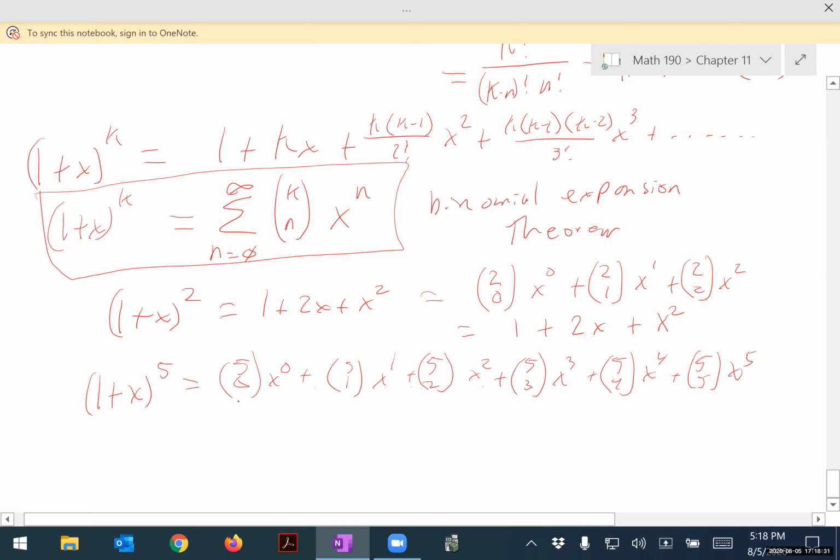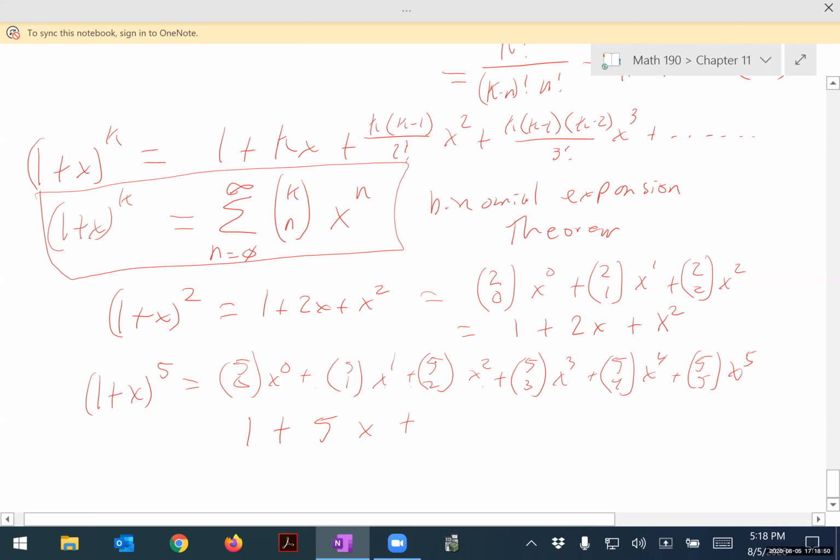So how many ways can you choose 0? One way. So this is just 1. Plus, how many ways can you choose 1 out of 5? 5. That's 5x. How many ways can you choose 2 out of 5?